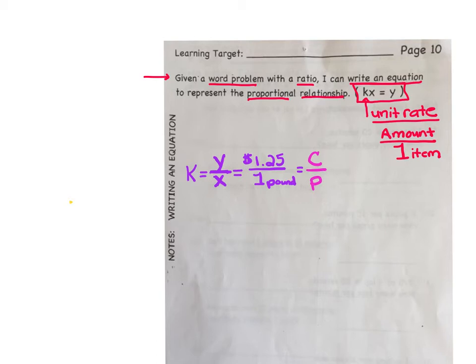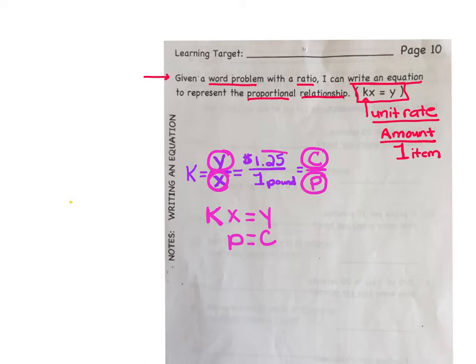So, as we write the equation k times x equals y, we're going to want to take out the y value and substitute a c for total cost. And then instead of using an x variable, let's use a p for pounds.